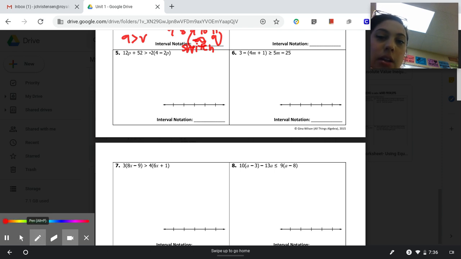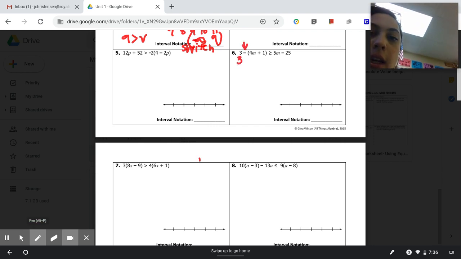Okay, so number 6 here, we have 3 minus 4m plus 1 is greater than or equal to 5m minus 25. The first thing that we're going to do is distribute, right? What we're going to distribute is this negative here. So we'll write this as 3 minus 4m minus 1 is greater than or equal to 5m minus 25.